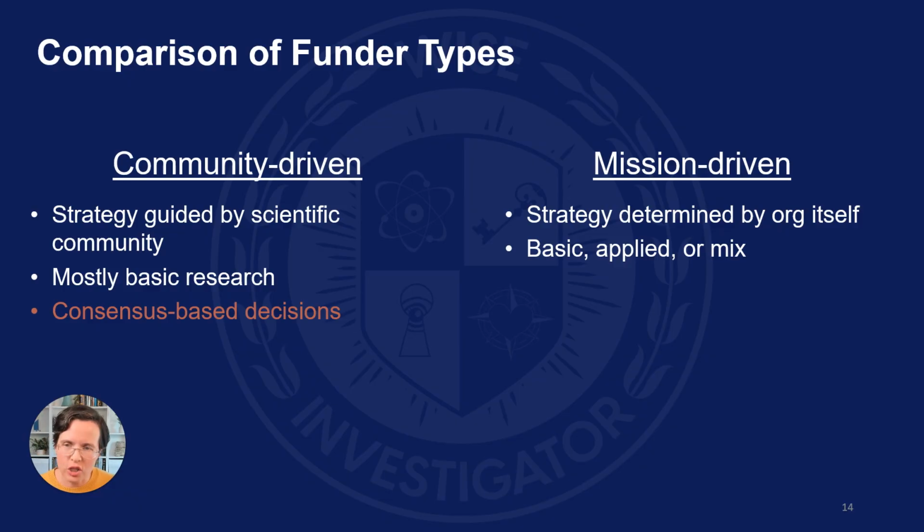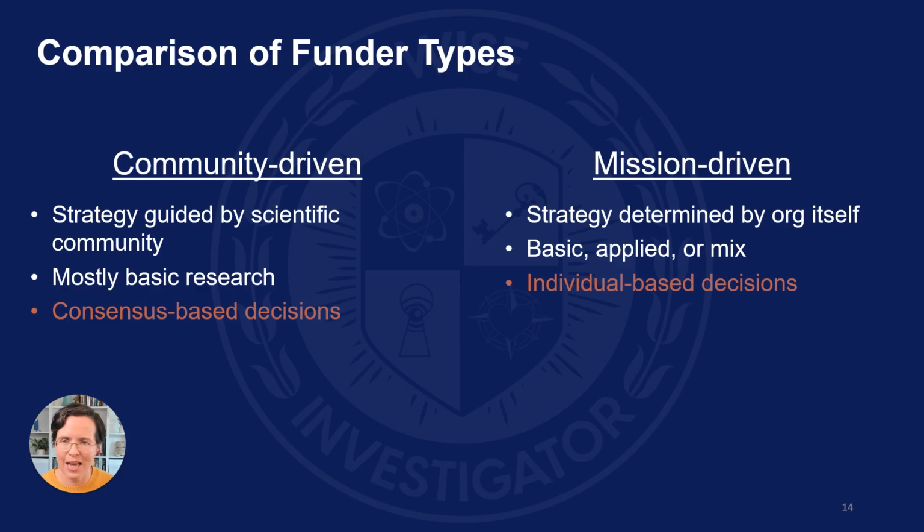But largely, there will be a consensus-based decision-making process that is employed in a community-driven organization, whereas in a mission-driven organization, you will have more individual-based decisions. That is where there is an individual who in the end can make a call to say, yes, I recommend this, no, I don't recommend this, and this will be more prevalent than in a community-driven organization.